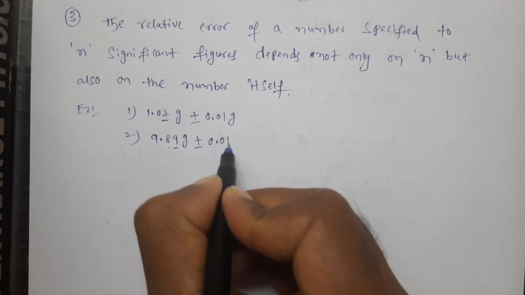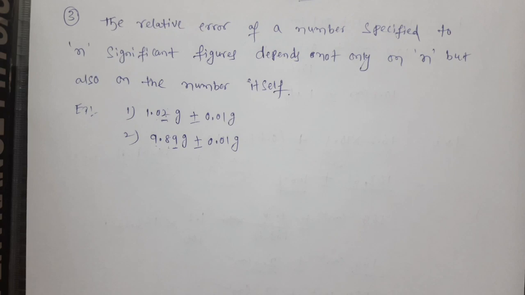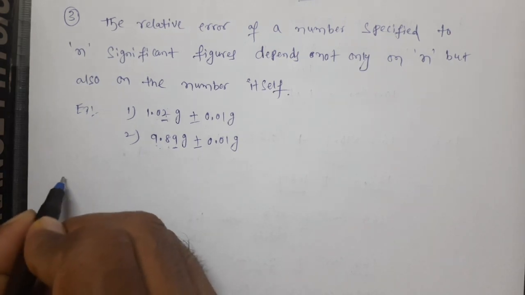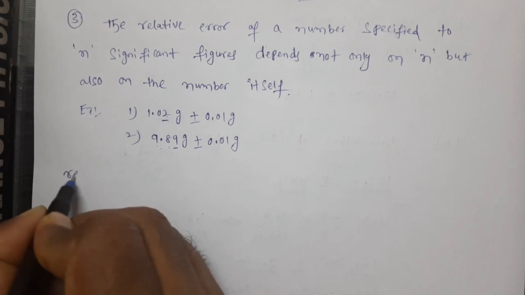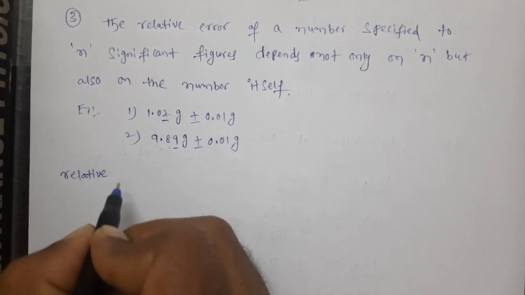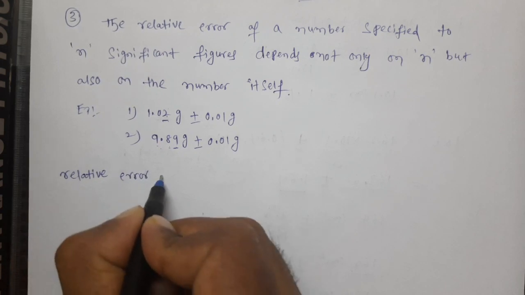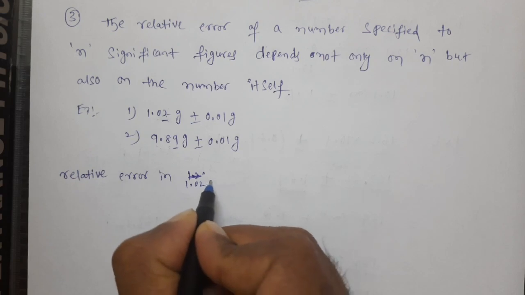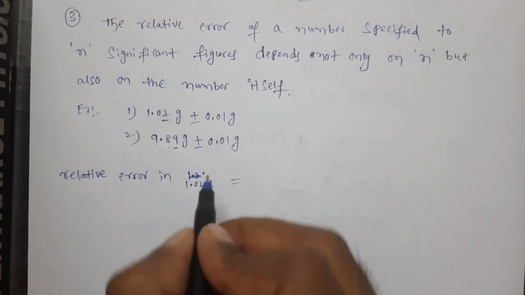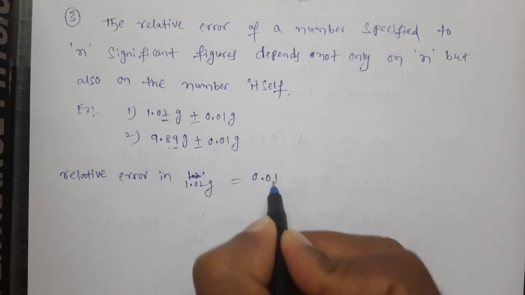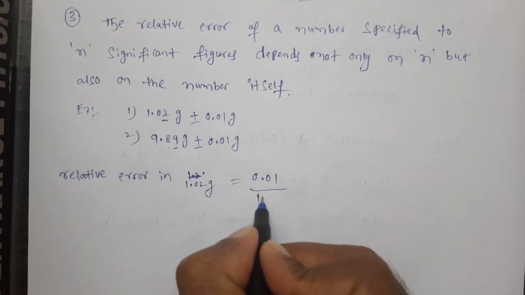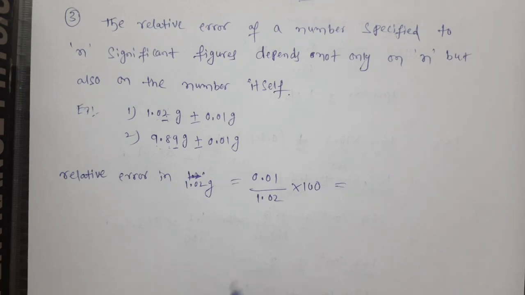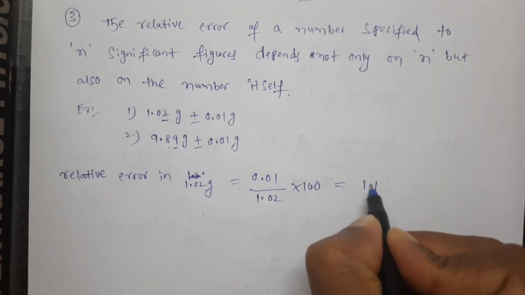Now let us find the relative error in the two quantities. Relative error in 1.02 grams: how do you find relative error? Error divided by true value into 100. If you see here, we will get approximately 1%.